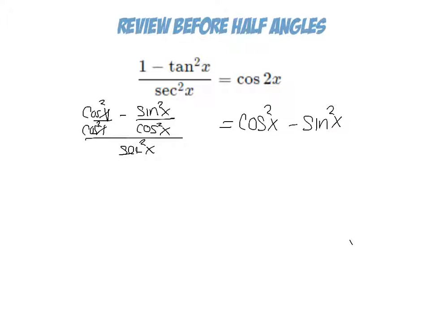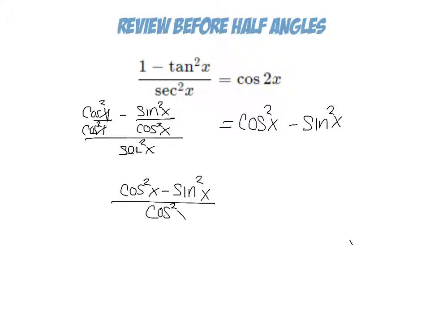And again, I'm going to leave that secant squared alone on the bottom for right now, and I'm going to have a cosine squared x minus sine squared x. Notice this over here. I think I'm going to be able to do something there. Over the common denominator cosine squared x. Now that's all over secant squared, right?